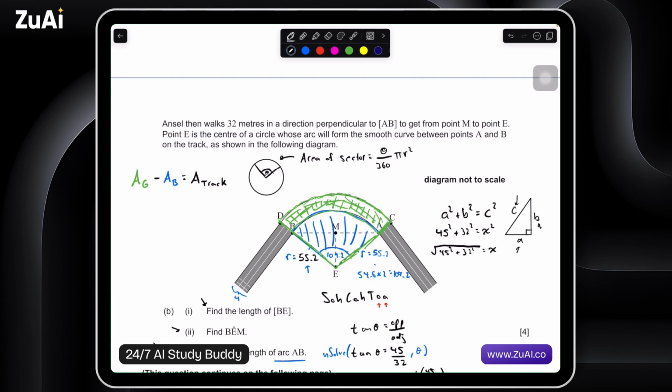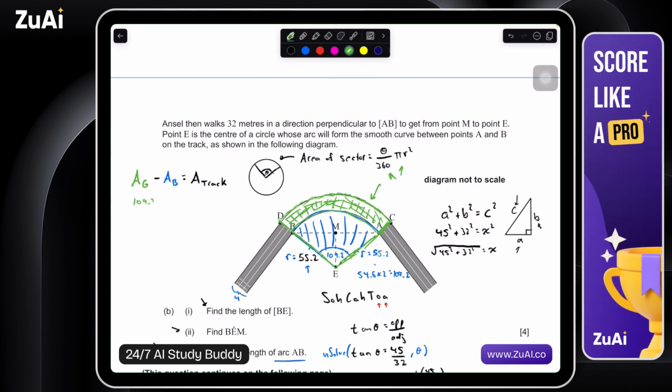So how do we find the area of this blue section right here? Actually, sorry, let's find the area of the green first. I think that'll be better. So we have this larger track right here. Let's find the area of this larger track. Area of a sector is given by pi r squared times theta over 360. We're still sweeping through an angle of 109 degrees. So for the area of the green, it's going to be 109.2 over 360 times pi, and then what is the radius?